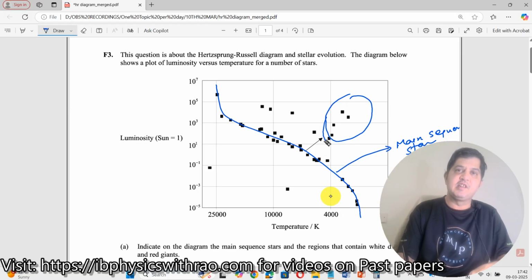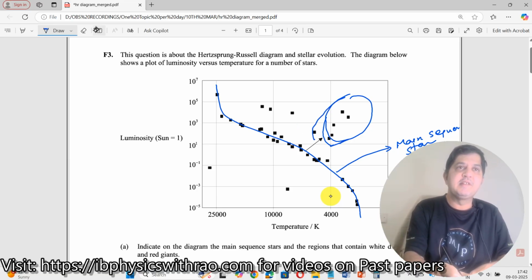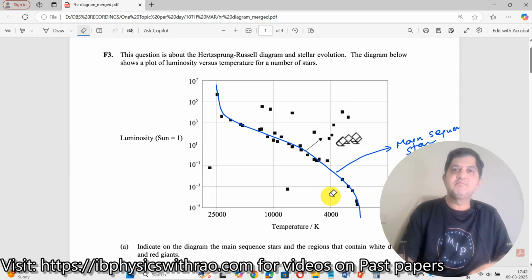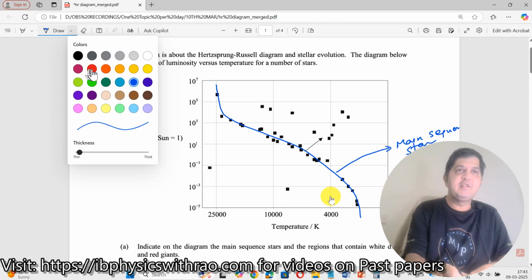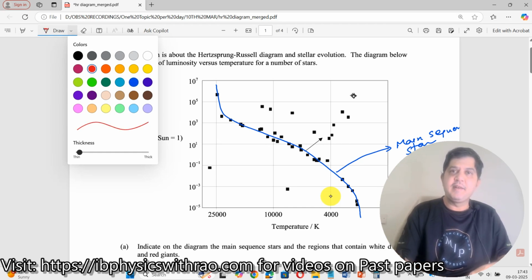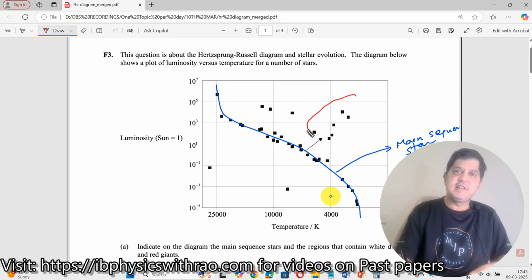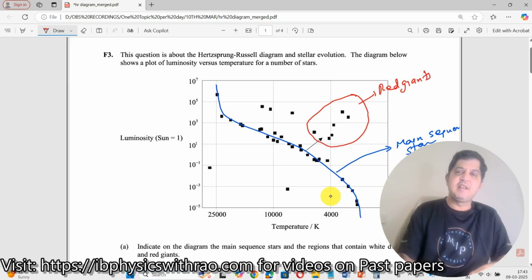Maybe you can include this also. Let me take a different color pen to let you know what a red giant is. So this cluster of stars are called red giants.